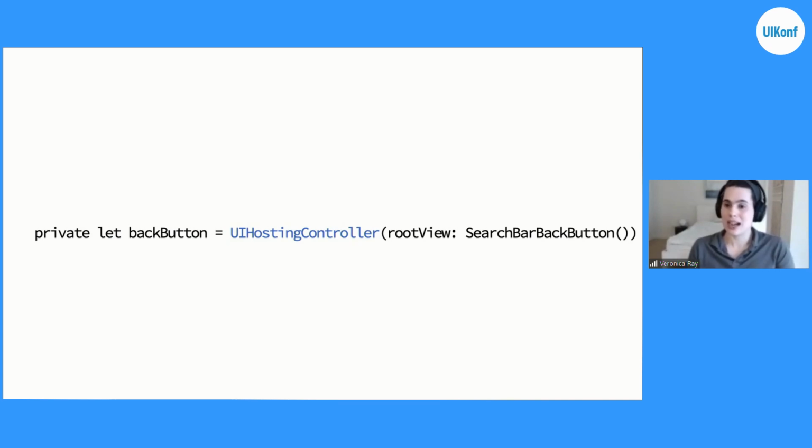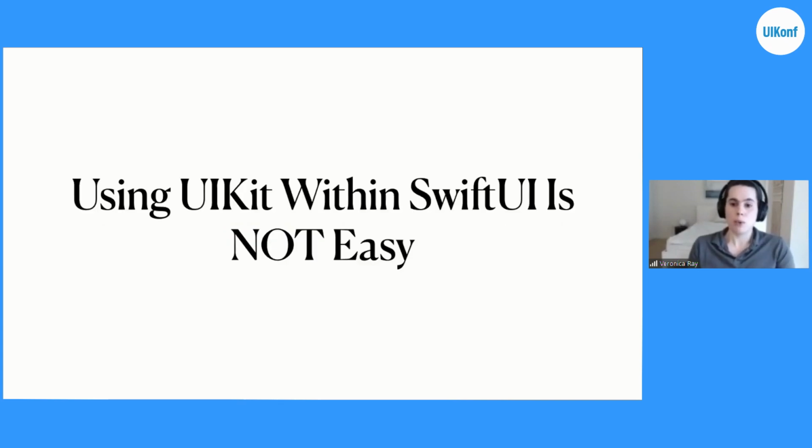You can use this as a view controller, or you can get its view. Very smooth, very easy. What is more complicated and requires writing more extra code is using UIKit within SwiftUI.